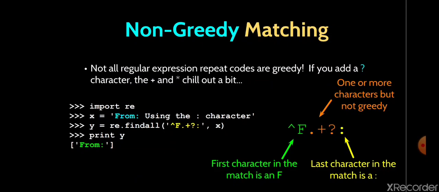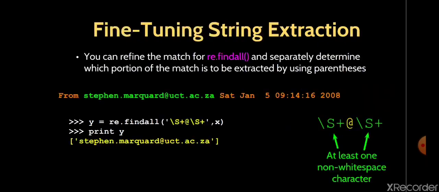This time your output will be simply From:. So this is called non-greedy matching. If you want greedy matching, don't use a question mark at the end. If you want non-greedy matching, then of course you should postfix it with a question mark. This is a very important feature in regular expressions. So this is how you can create several cryptic codes.